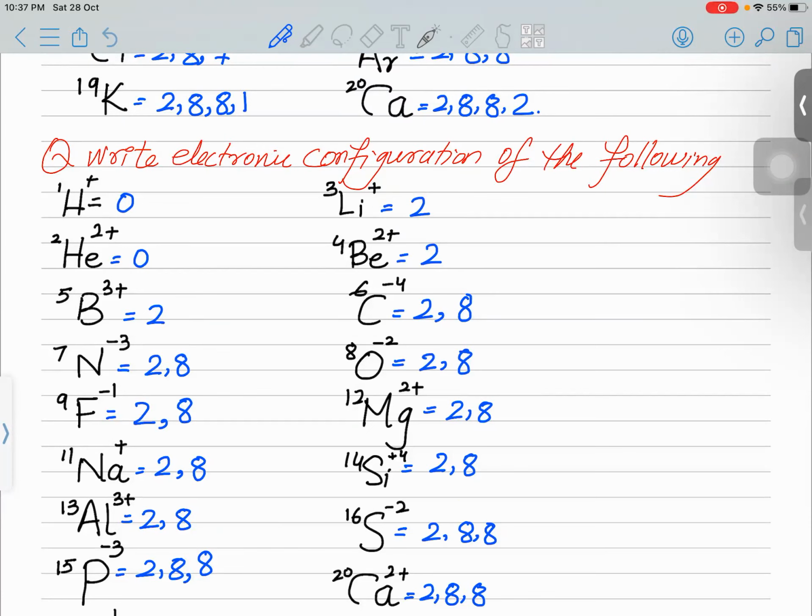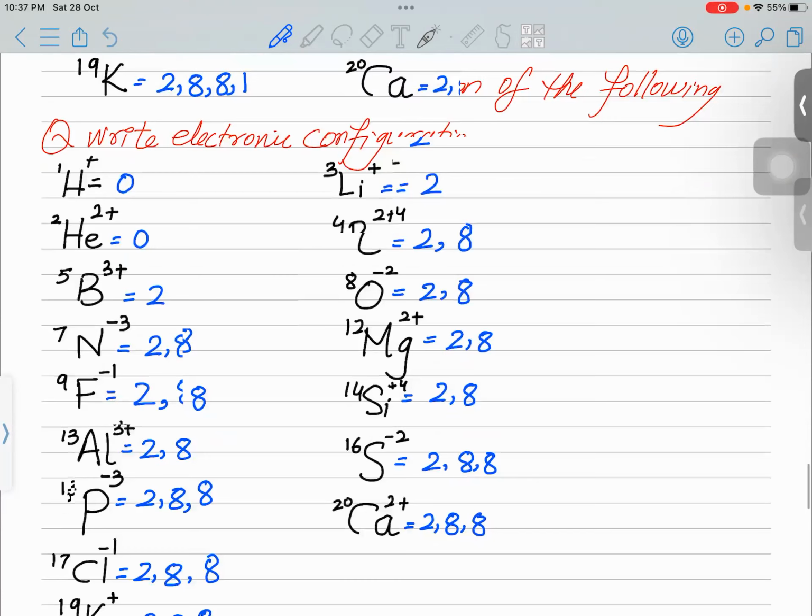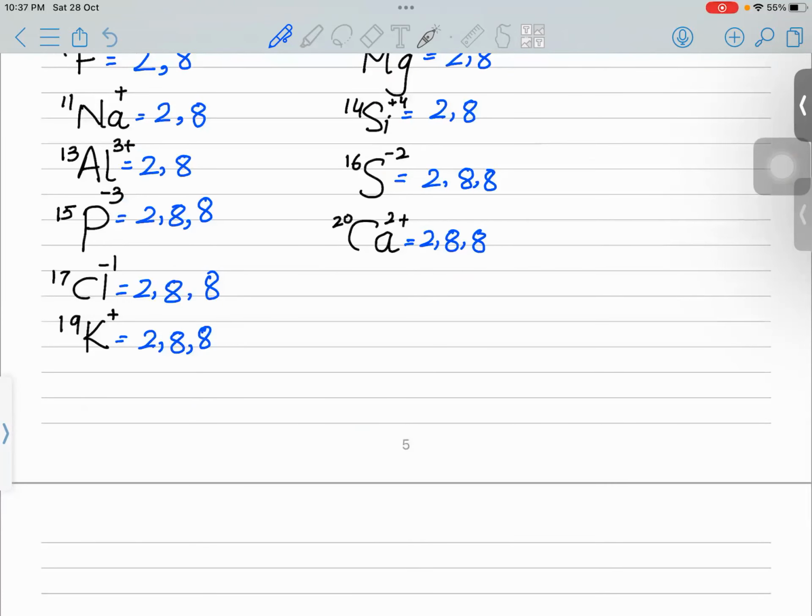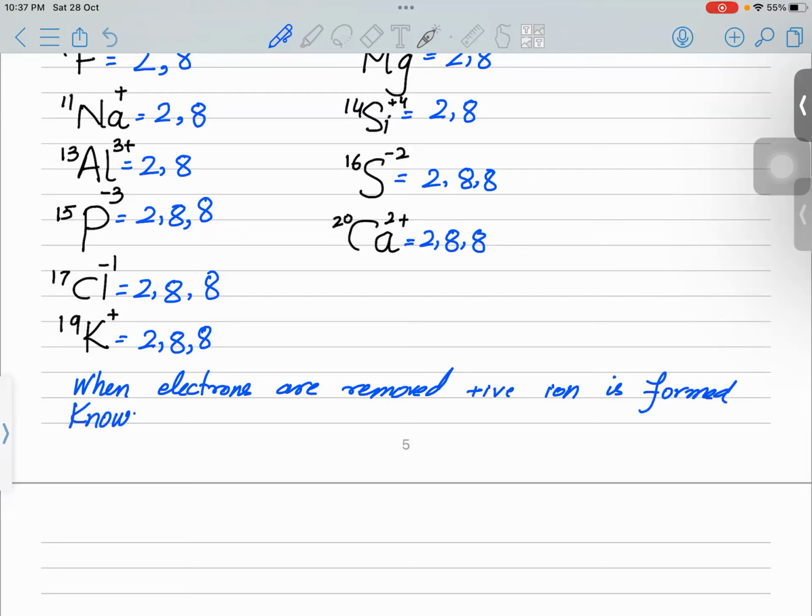When electrons are removed, a positive ion is formed, known as a cation.